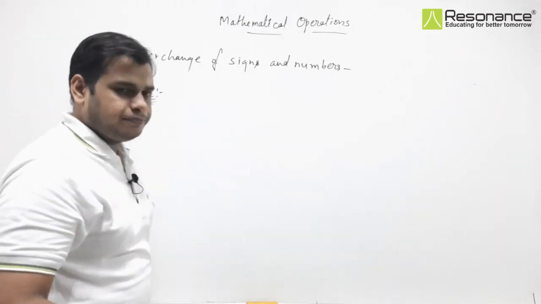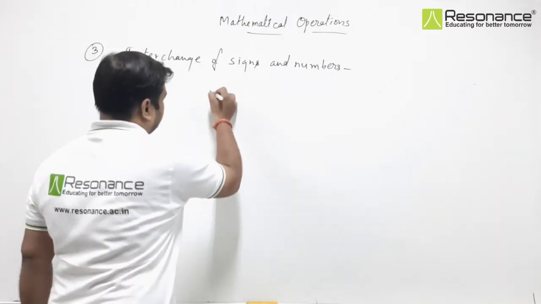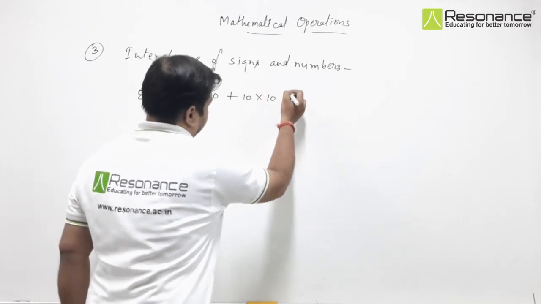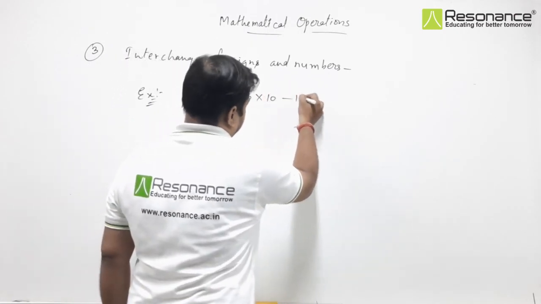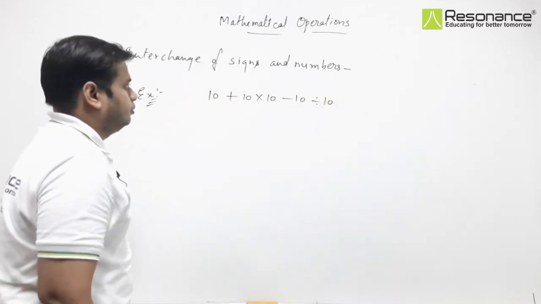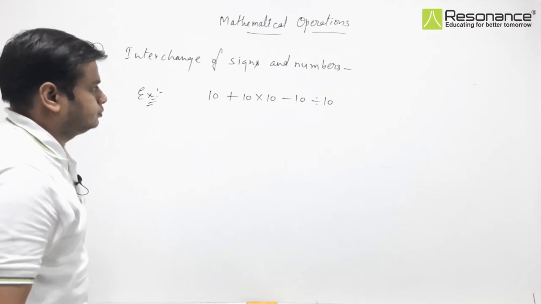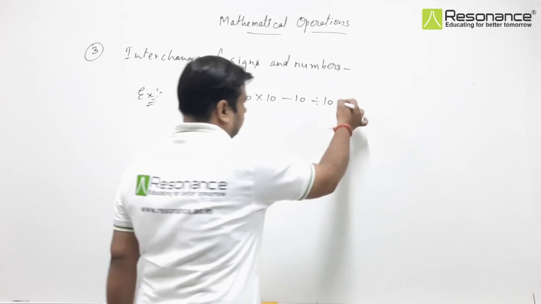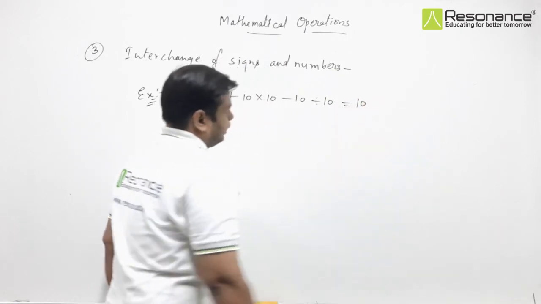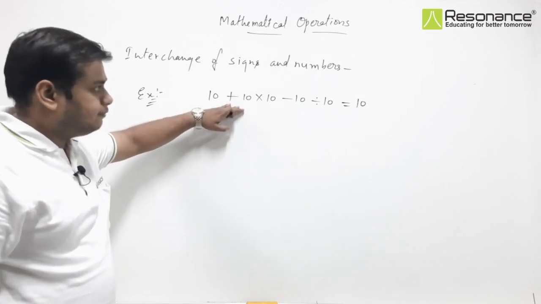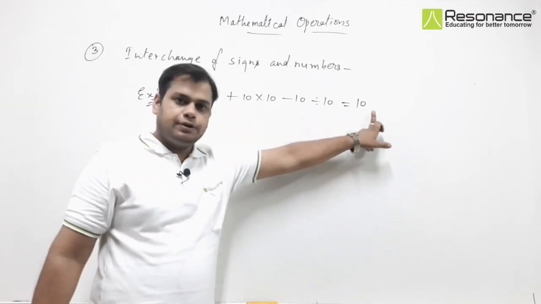We can understand with an example. Suppose we are given a simple equation: 10 plus 10 multiplied by 10 minus 10 divided by 10, and the solution of this equation is given as 10.